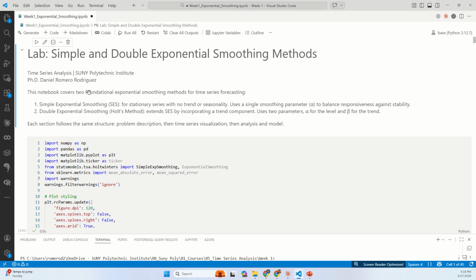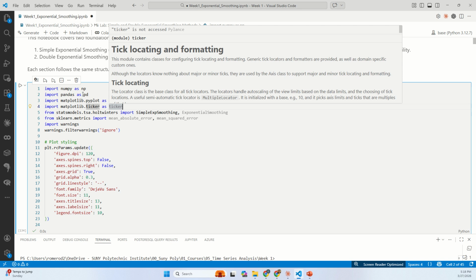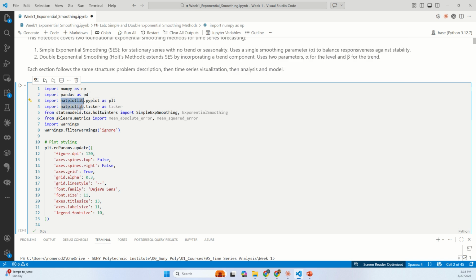All right. So here are the libraries; I think you have used most of them before. Matplotlib for visualization, Pandas for data manipulation, and statsmodels. This is not like scikit-learn, which is a more modern and faster library.